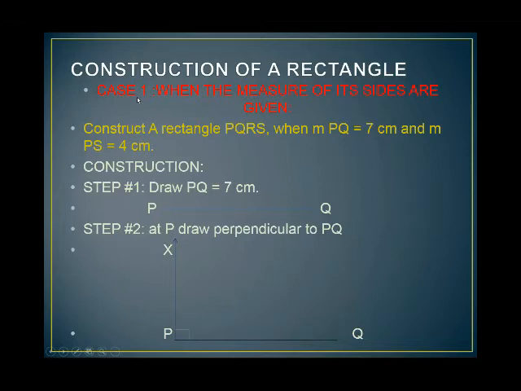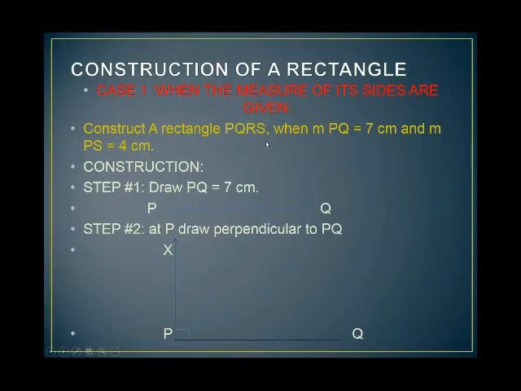Case one is when the measures of its sides are given, meaning we have to construct a rectangle when its sides are given. Construct a rectangle PQRS when PQ is 7 centimeters and PS is 4 centimeters.